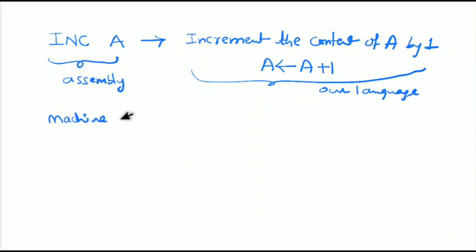So I can say machine code consists of opcode, and if required it will have some operand code also, but in this case your machine code is nothing but directly the opcode for this particular instruction. The opcode is 04H.